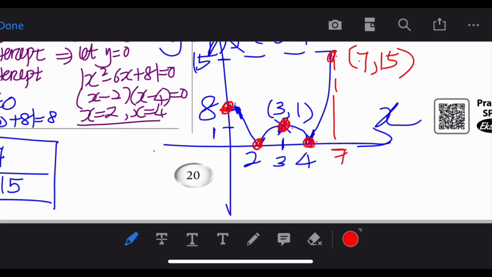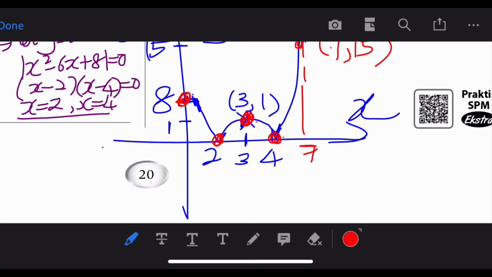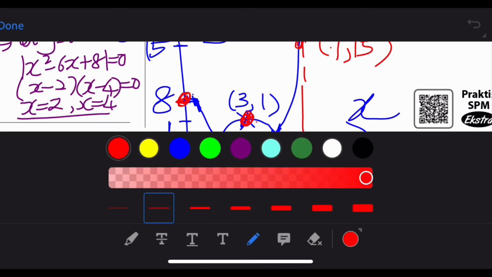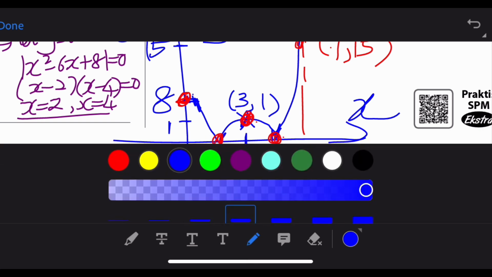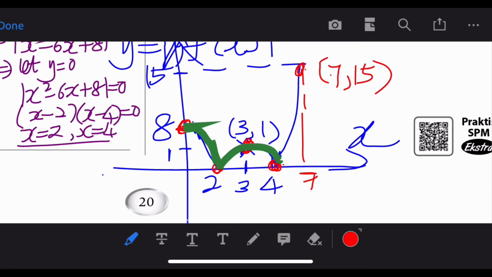After you sketch, you must make sure the graph is labeled with all the points. It's a quadratic function, but the only problem is you have to make sure the negative part is inverted up. This is an N shape. Then only you continue with the line.